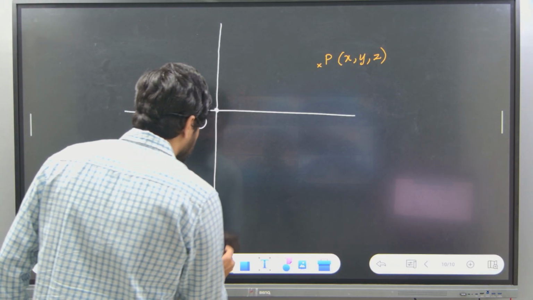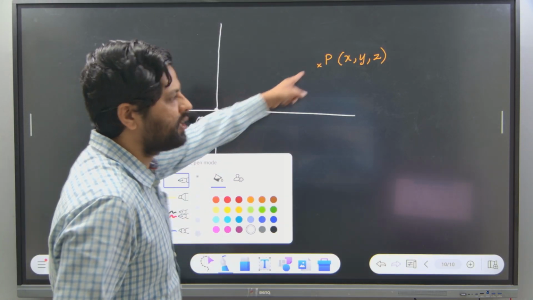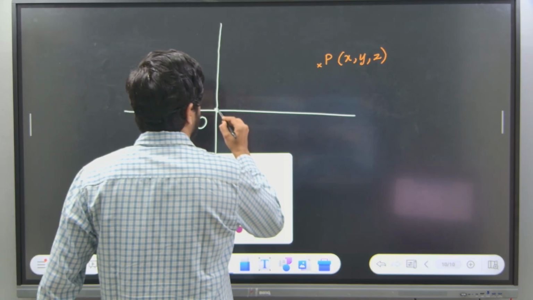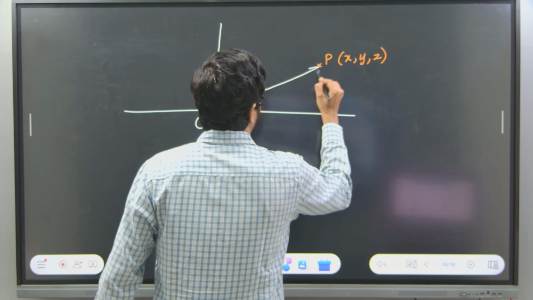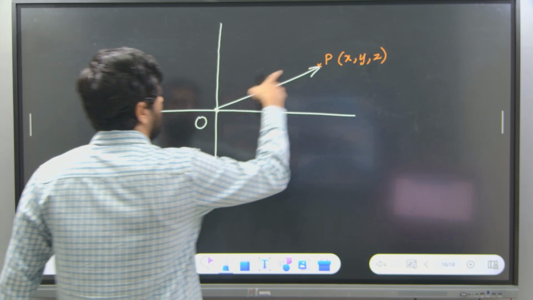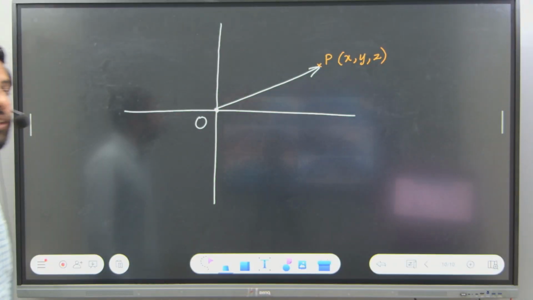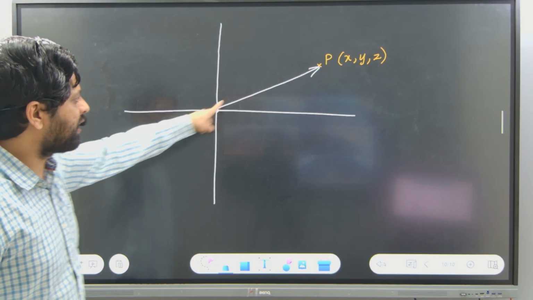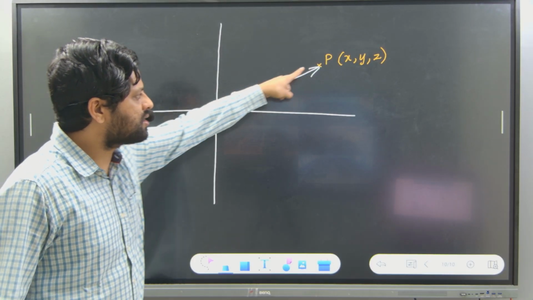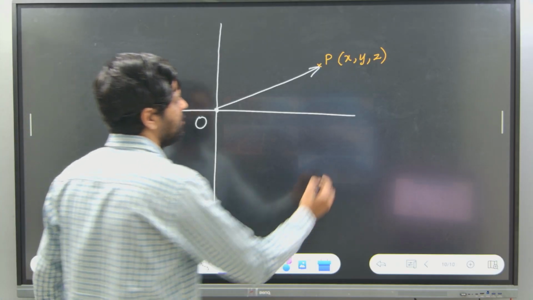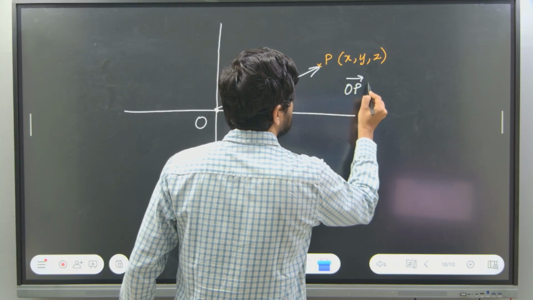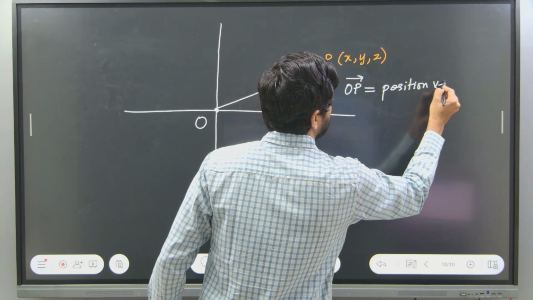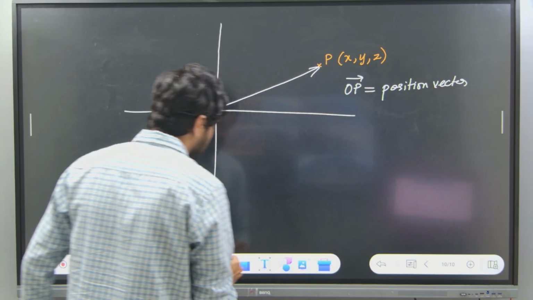Now, if I have to say the position of this point, I will draw a line from the origin of the coordinate axes to that particular point P. The vector OP is called the position vector.